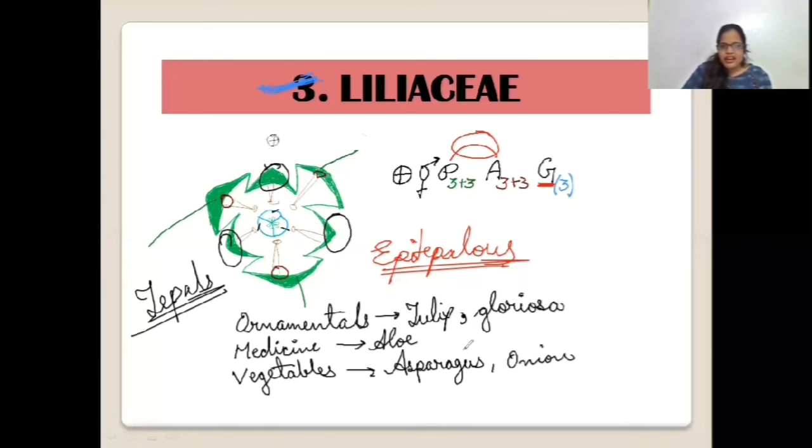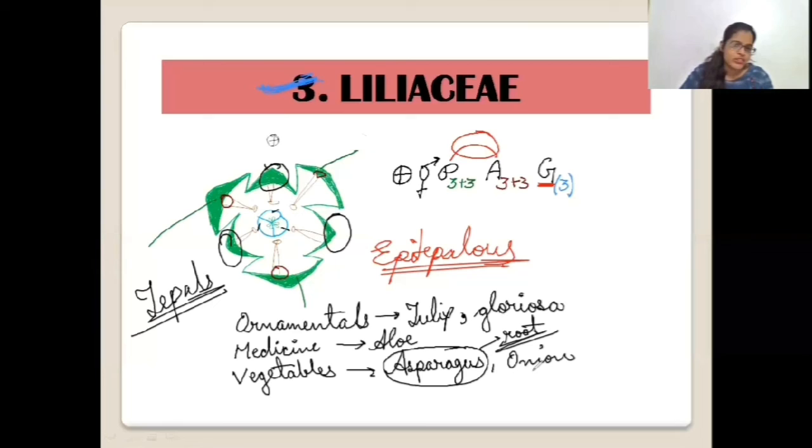Here, asparagus. Where did we study this example, asparagus? If you don't recall, if you haven't studied this asparagus, do watch my videos of plant morphology. Well, I have discussed this asparagus also. This asparagus is a root modification for storage of food. An adventitious root modification it is.